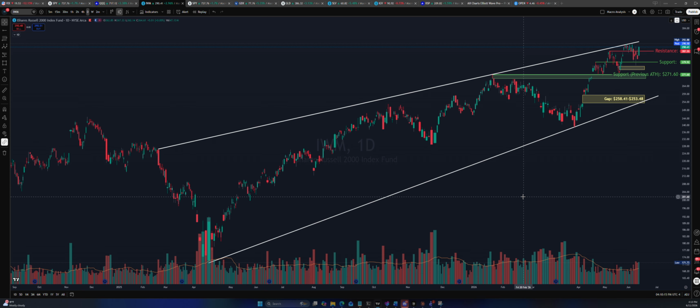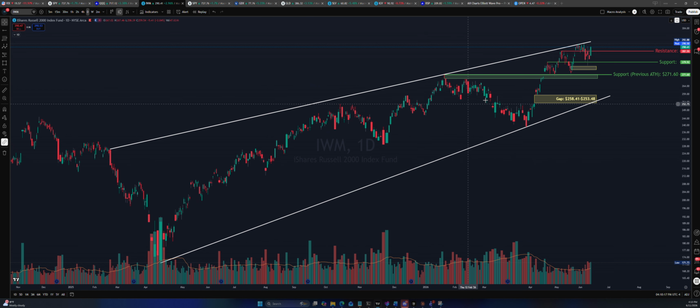And same thing with IWM. Rising wedge, macro rising wedge, came to the top here, got rejected like it did over here. Now, what I have noticed with the entire market is you have to take it in context with the overall market. You're seeing the same price action with SPY, QQQ, and IWM at the same time. They're all doing the same thing.